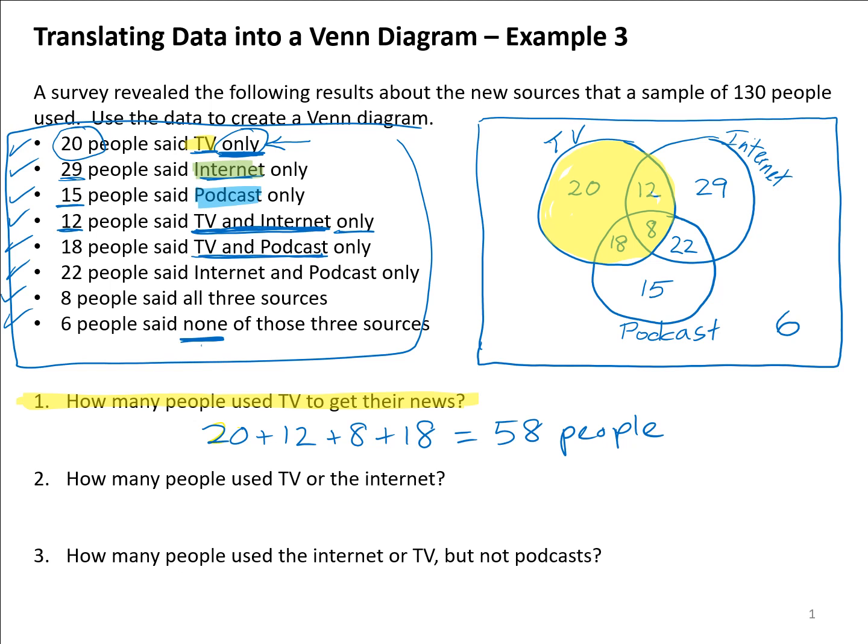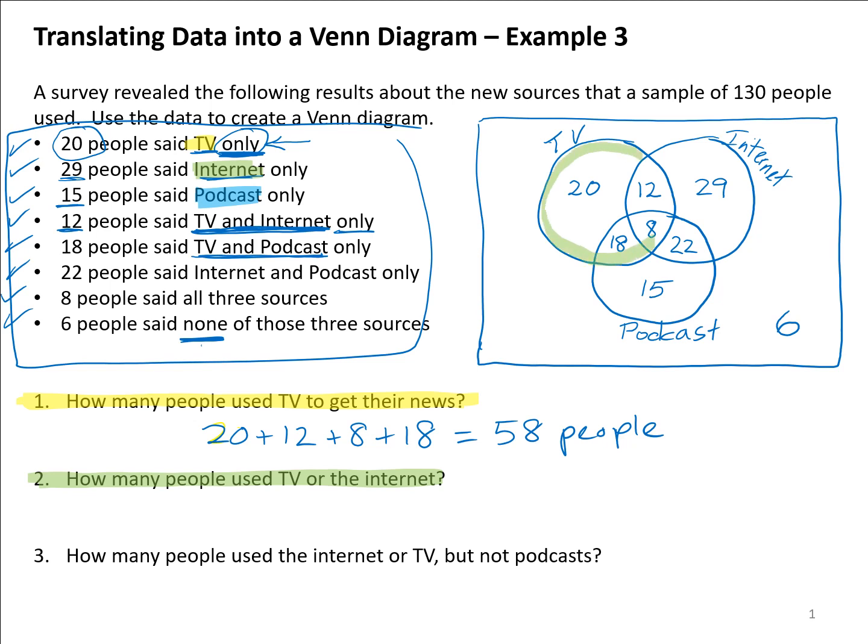Let's look at question 2. How many people use the internet or TV? Actually, I said it backwards. Use TV or the internet. Well, let's highlight that one, again just to make it easier to see. How many people use the TV or internet? We're going to look at both the TV circle and the internet circle. And means all of both.